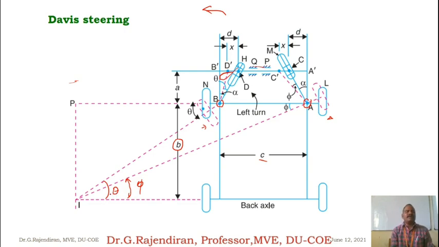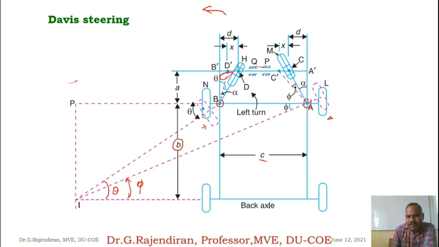Usually we take it as delta, the steering angle in general, but in some textbooks they give theta and phi to differentiate.